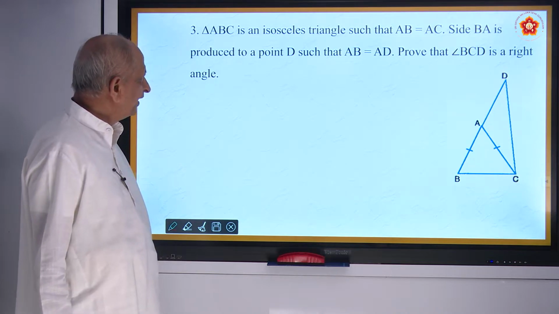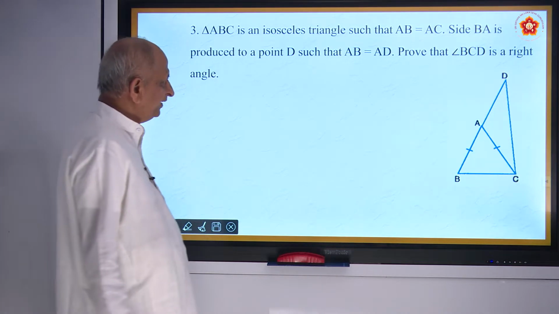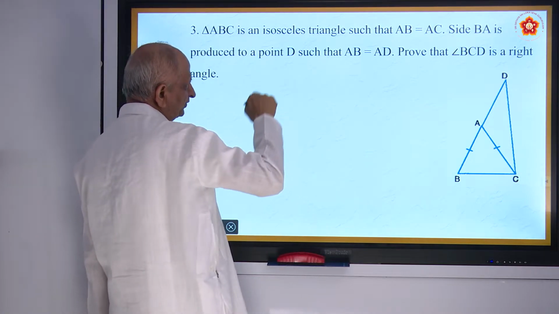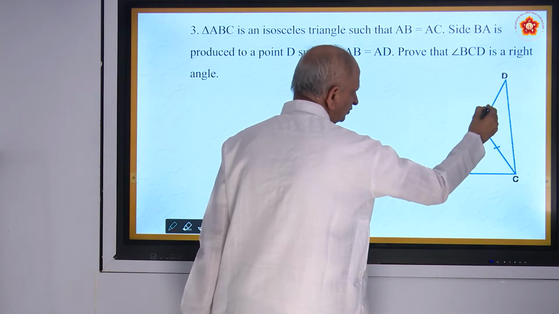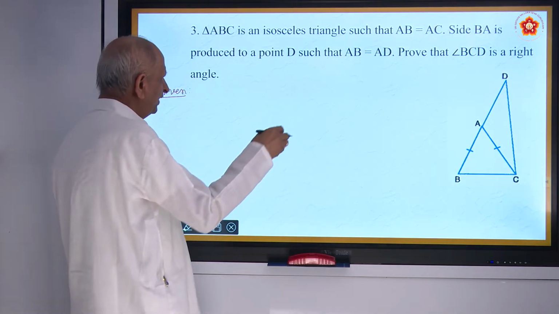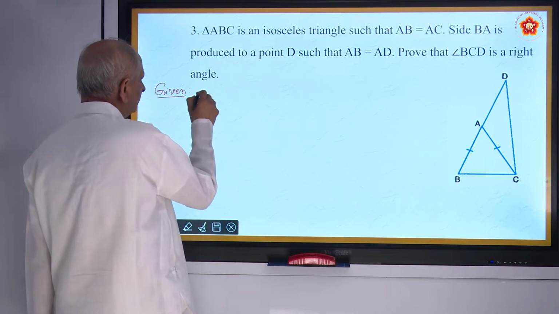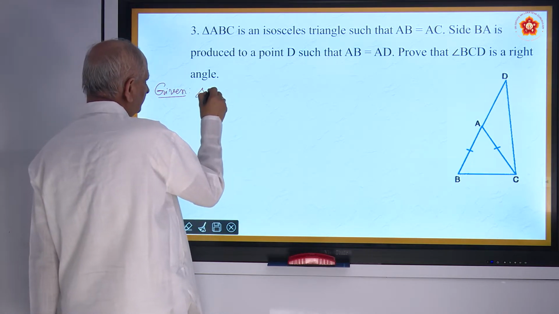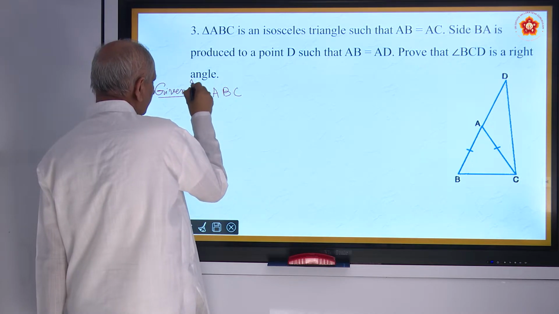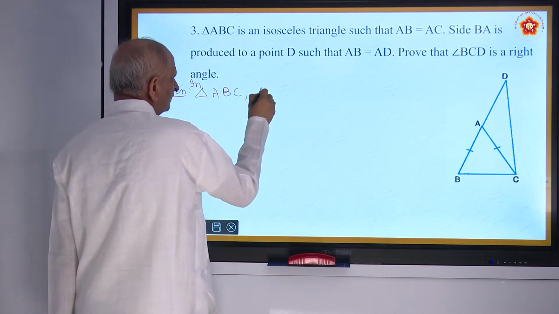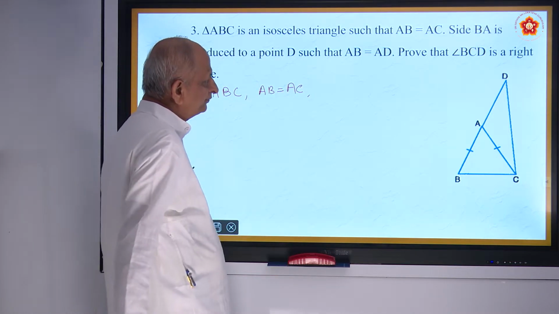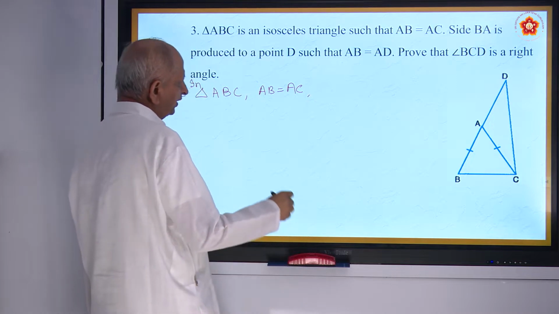Triangle ABC is an isosceles triangle such that AB is equal to AC and BA is produced to D such that AB is equal to AD. So, all these three sides are equal. So, here you are given that triangle ABC is isosceles. So, in triangle ABC, AB is equal to AC. Is it not?